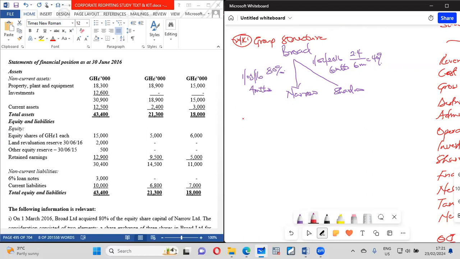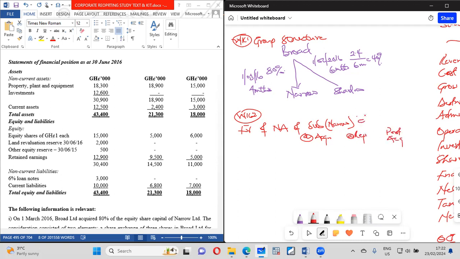Then you come to your workings 2. What do we do here? Fair value of net assets of subsidiary. In this case, the subsidiary is Narrow. If the subsidiaries are 10, you do it for 10 subsidiaries. We have here at acquisition, at reporting, then post-acquisition.